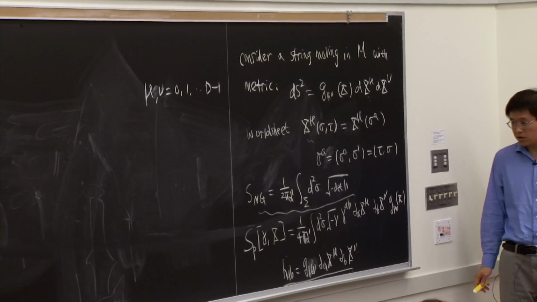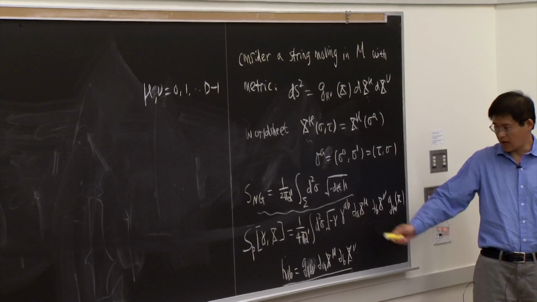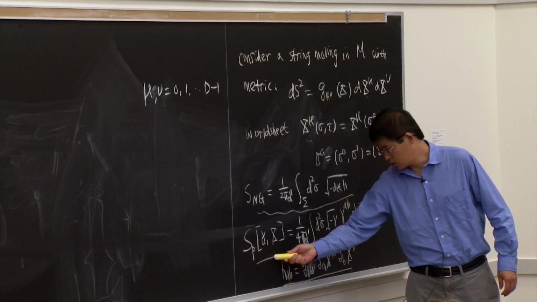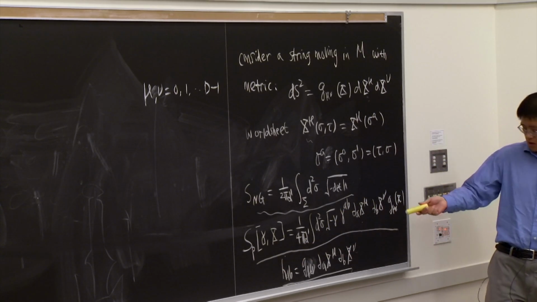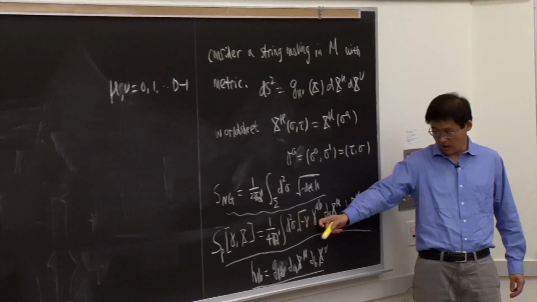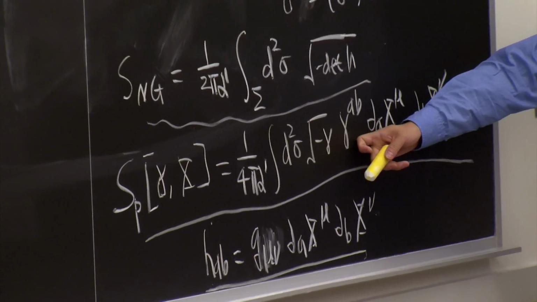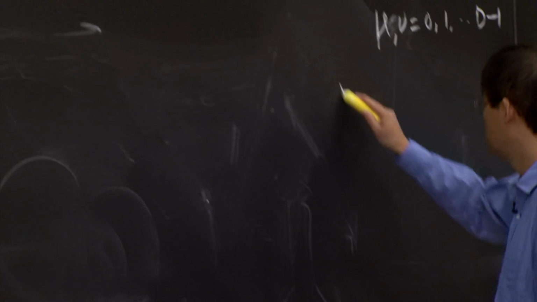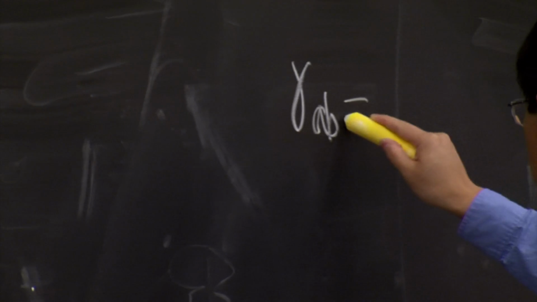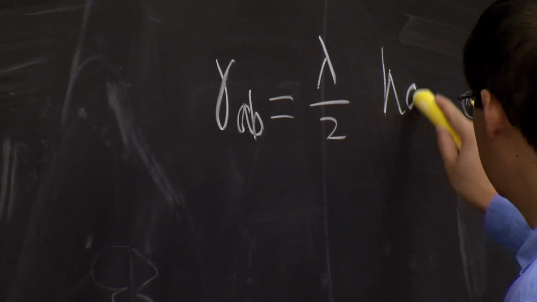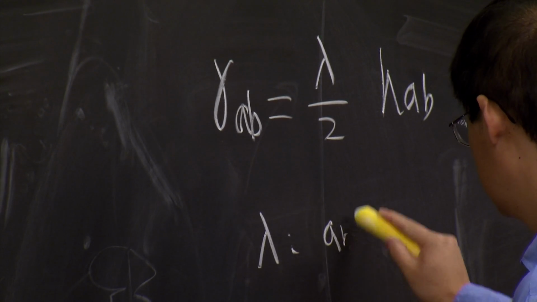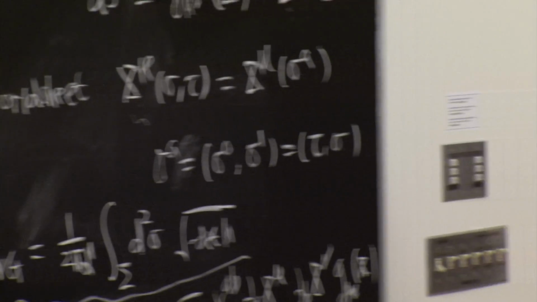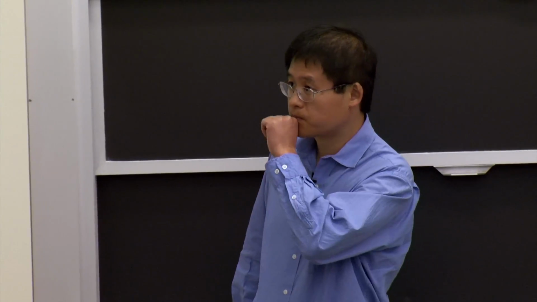But we also showed that classically, this action is equivalent to this action. You can rewrite it by introducing something like a Lagrange multiplier, gamma AB, and then by eliminating gamma AB, you recover this.